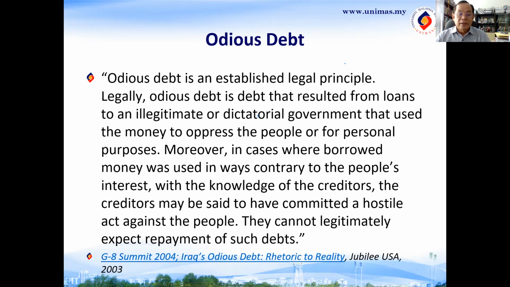Moreover, in cases where borrowed money was used in ways contrary to the people's interests, with the knowledge of creditors, the creditors may be said to have committed a hostile act against the people. So they cannot legitimately expect repayment of such debt. That is what is called odious debt.